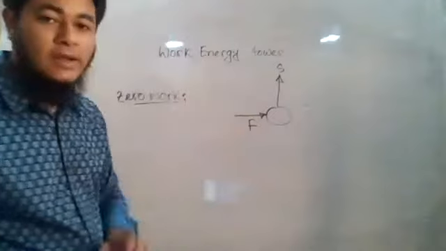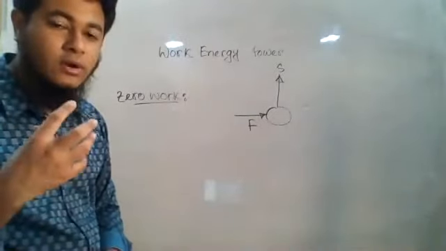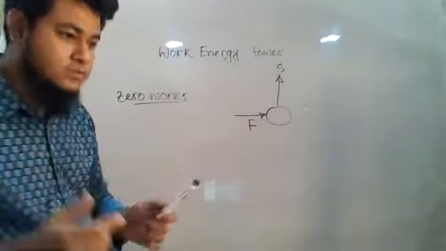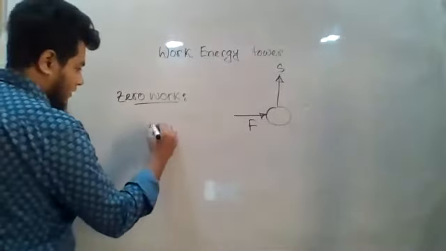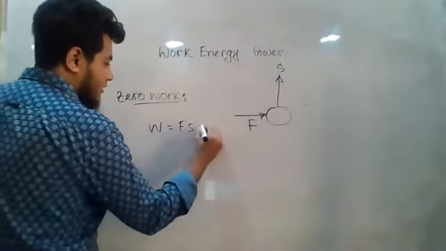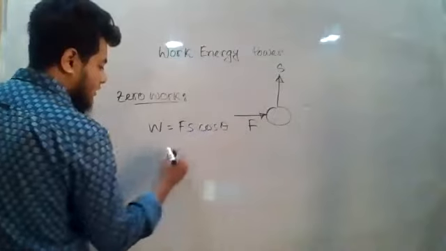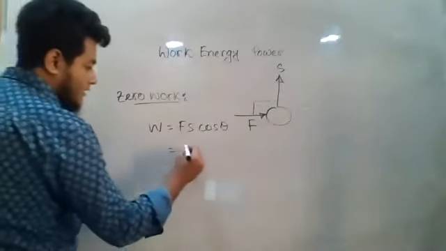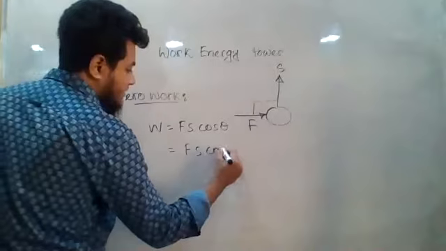Now mathematically, how can we prove it? The value of cos 90 is 0. Very good. If I want to show it mathematically, then it will be like this: F s cos theta. Now as they are perpendicular to each other, the angle between them is going to be 90 degrees.